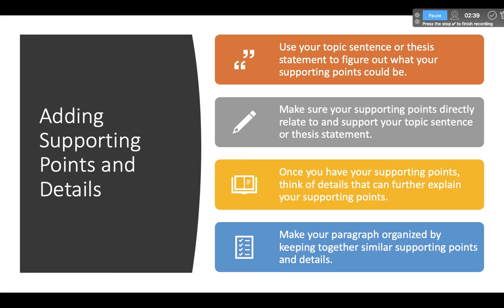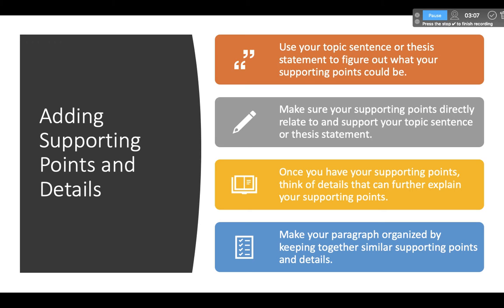And then the topic sentence for your second body paragraph will be cats are better than dogs because cats require less attention. And then your supporting points and details in your body paragraph will be examples or evidence that supports the notion that cats require less attention than dogs and thus are better than dogs.